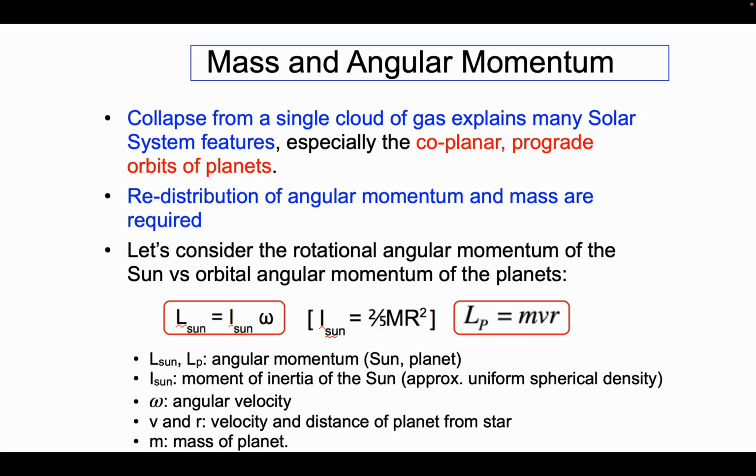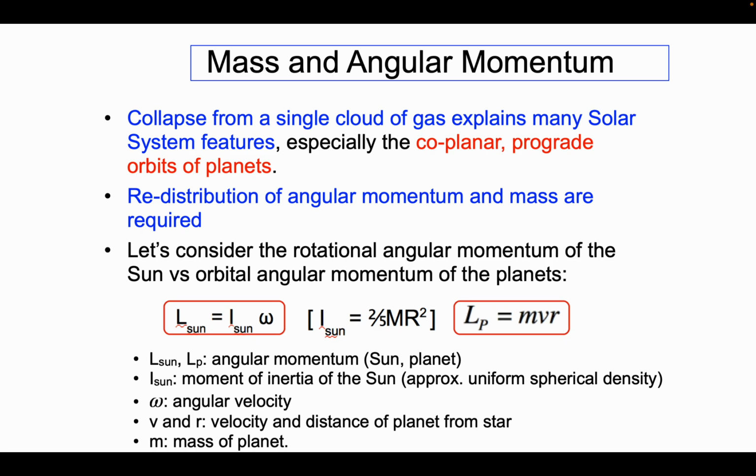It is believed that the redistribution of angular momentum and mass is required for solar system formation. Let's consider the rotational angular momentum of the Sun versus the orbital angular momentum of the planets. The rotational angular momentum can be written as the product of I_sun and omega, and I_sun can be written as 2/5 M R squared, and the planet's angular momentum can be written as m v r.